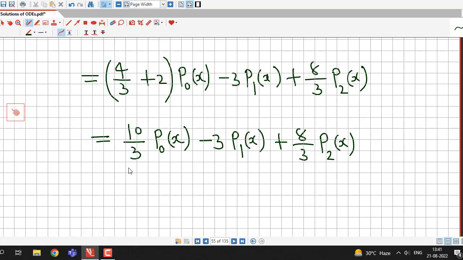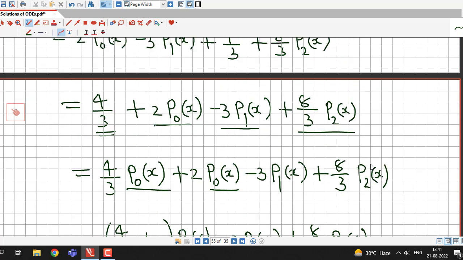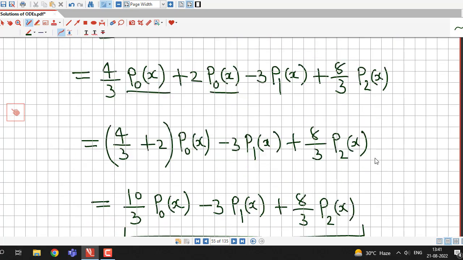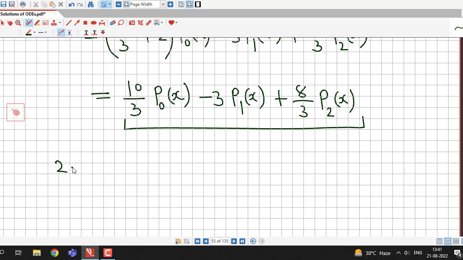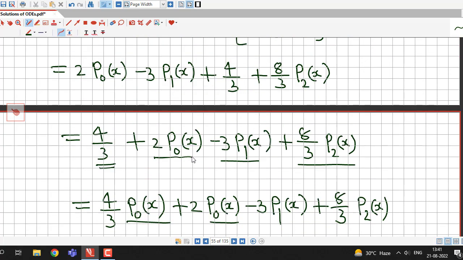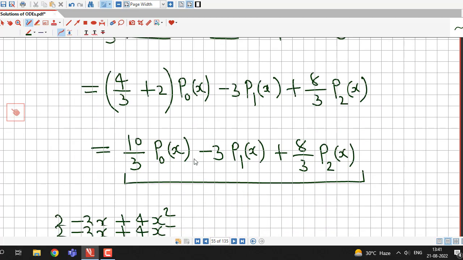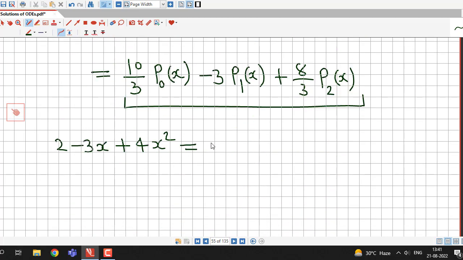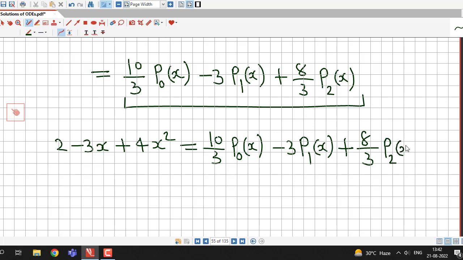Now each term contains a Legendre polynomial of some degree. Therefore this is the expression for 2 minus 3x plus 4x square. Our given polynomial is 2 minus 3x plus 4x square, and we have expressed it in terms of Legendre polynomials: 10 by 3 P0(x) minus 3 times P1(x) plus 8 by 3 times P2(x).